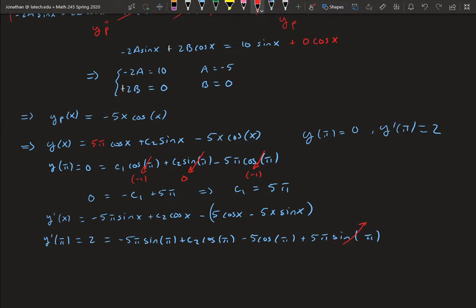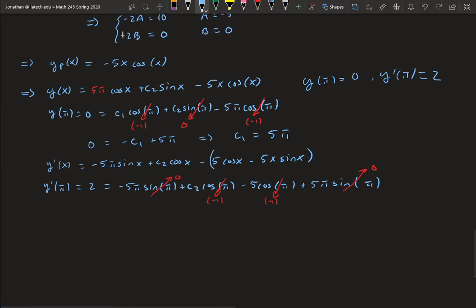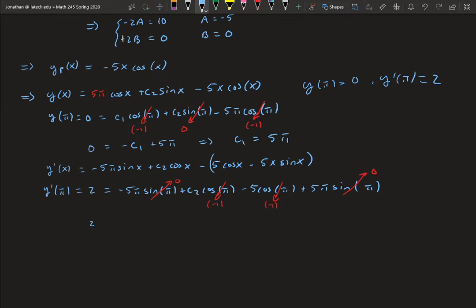And we know sine of pi is 0, so these go away. This is -1, this is -1. So what are we going to get? We get 2 is equal to c2 times -1 plus 5. So you can get c2 equals 3.